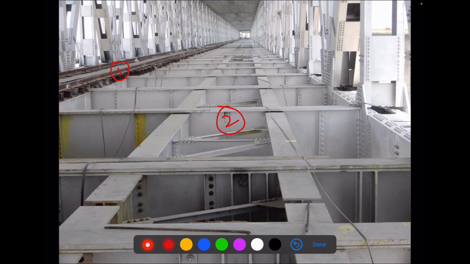The component arrangement is almost similar to any open web girder. We have these stringers, which are always in pairs, and these are the cross girders.